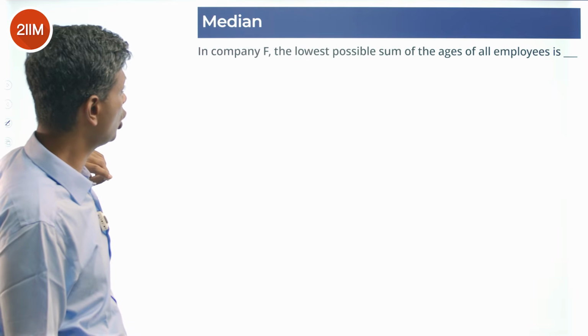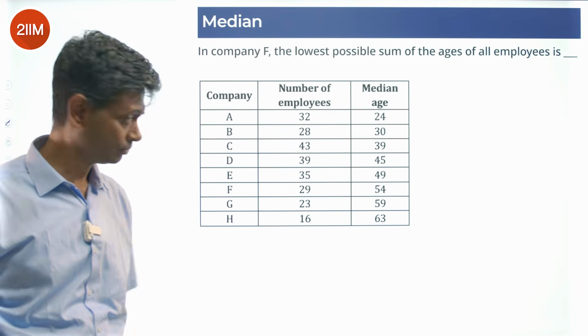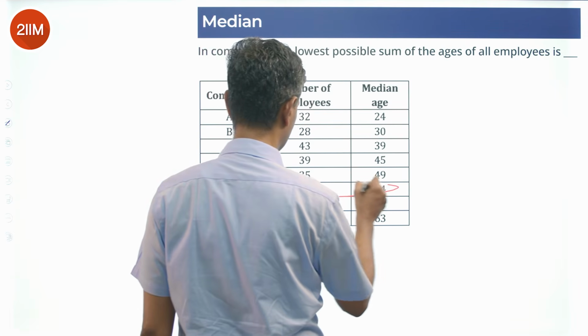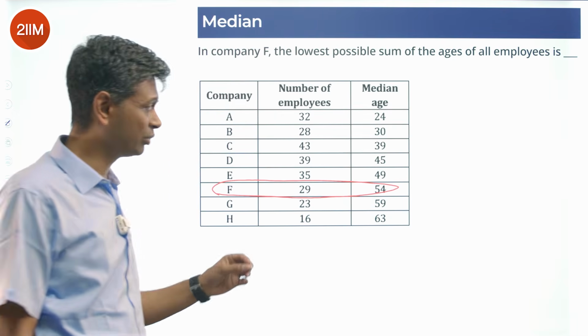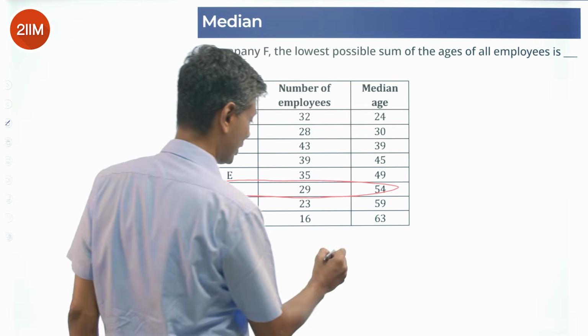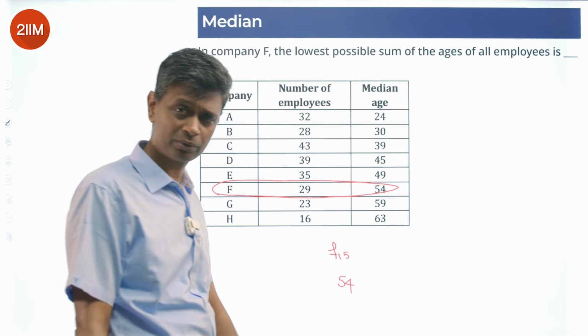In company F, the lowest possible sum of ages of all employees. Lowest possible sum of ages in company F. Median is 54. So 29 elements. So F15 is 54. Middle term is 54.